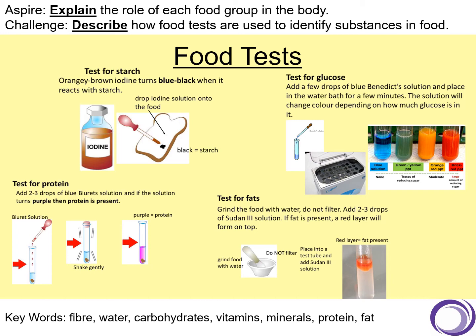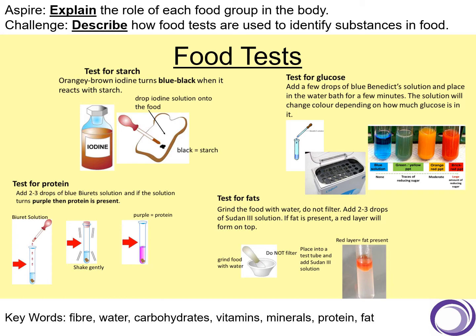So the first 2 tests are for carbohydrates, and that is the test for starch and the test for glucose. So the test for starch, firstly, starch is an orangey brown solution, and when the starch is present in a food and you add iodine to it, it will turn blue-black.